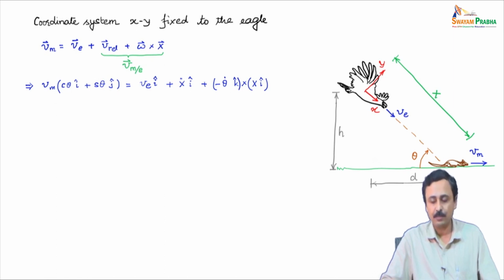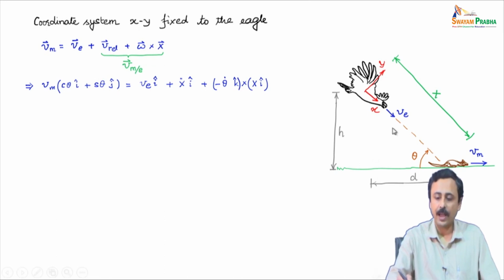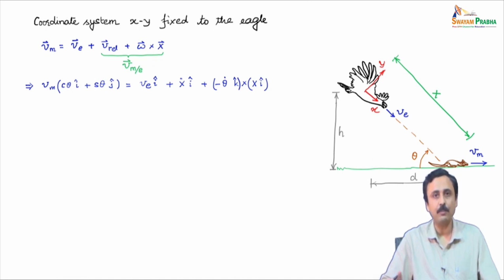Velocity of the eagle, the absolute velocity of the eagle represented in the xy frame: because we have fixed the coordinate system with the eagle, the absolute velocity of the eagle in the xy frame is along the x axis direction always. So, this is the magnitude V e times the unit vector i cap.